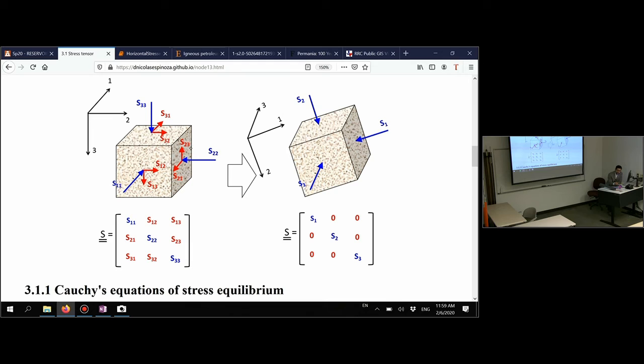And for those torques to be the same, S23 has to be the same as S32. And that's why it's a symmetric tensor.